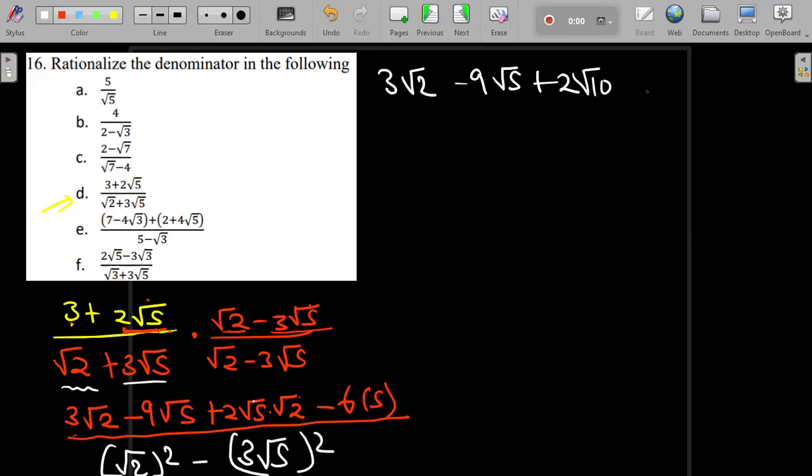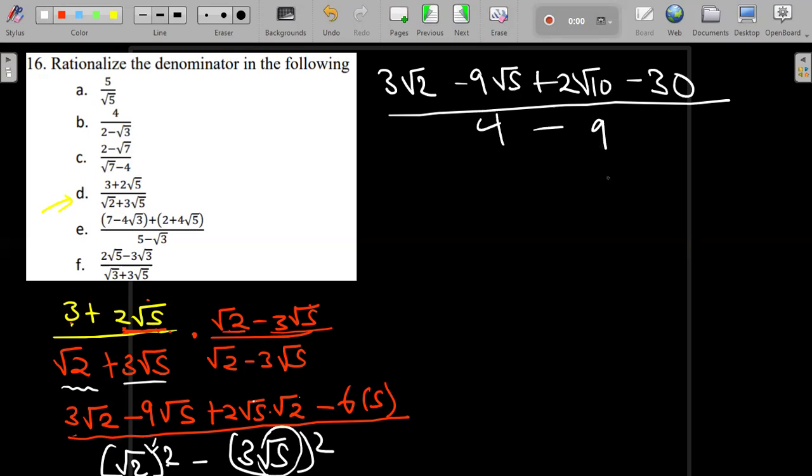Okay, and then at the end, they are going to have a minus 30. Then we're dividing all this by what is the 2 root of 2 squared there? It's going to give me 4. Then minus what is the square of 3 root of 5? So square of 3 root of 5 is going to be 9. Okay, and then when I multiply this root of 5 multiplied by root of 5 is going to give me a 5.